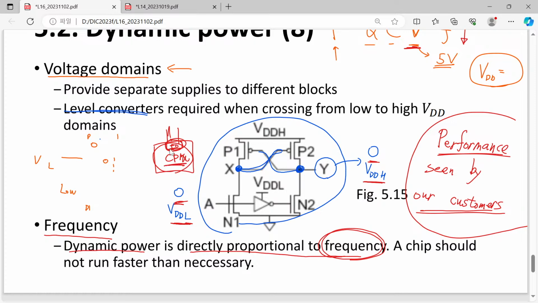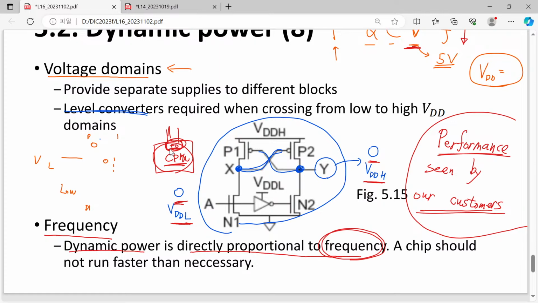So we can introduce appropriate operational conditions for each part, and the overall performance seen by our customer seems to be the same. That is the trick to reduce power consumption significantly.